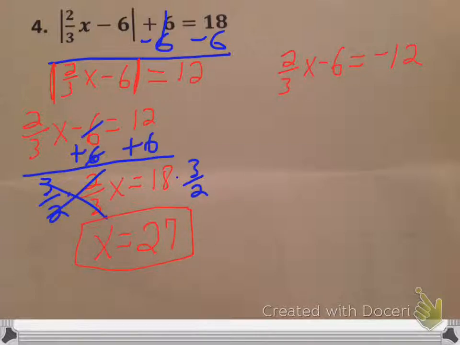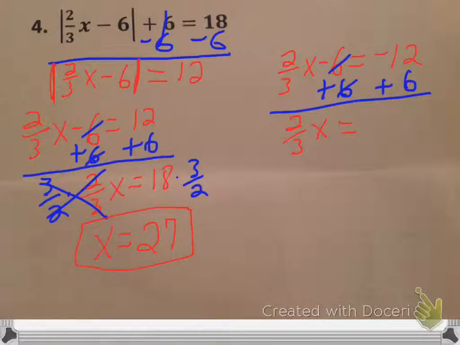Now do the same process on the next one, so I'm going to get rid of the negative 6, so plus 6 and plus 6. The 6's cancel, which leaves me with 2 over 3x, and negative 12 plus 6 is a negative 6.